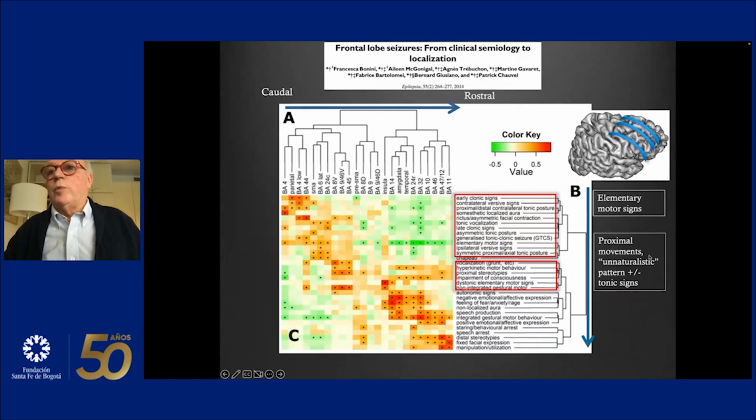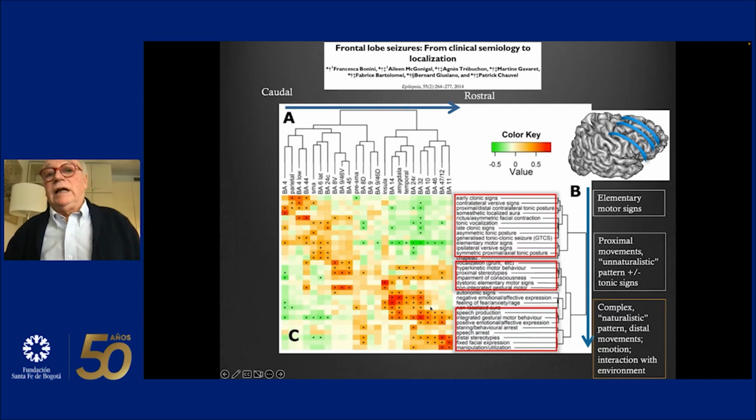When you have more proximal movement, unnaturalistic, non-integrated, plus tonic signs, you see that it's more correlated with these areas in the frontal cortex. And finally the complex, naturalistic, integrated patterns, distal movement, emotions, are more correlated with the anterior area of the prefrontal cortex.